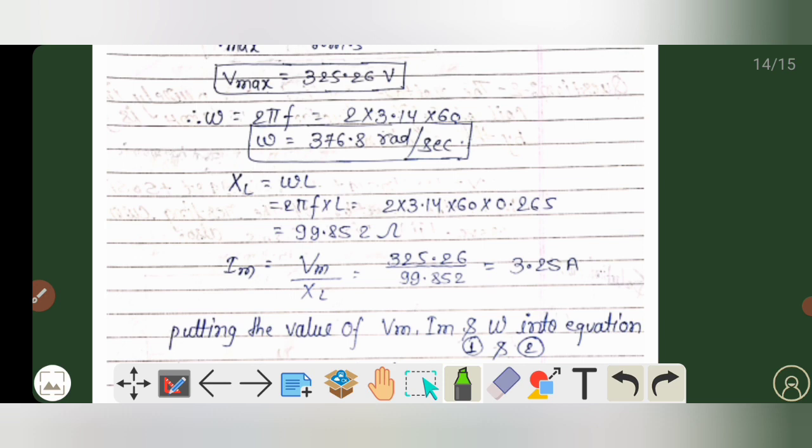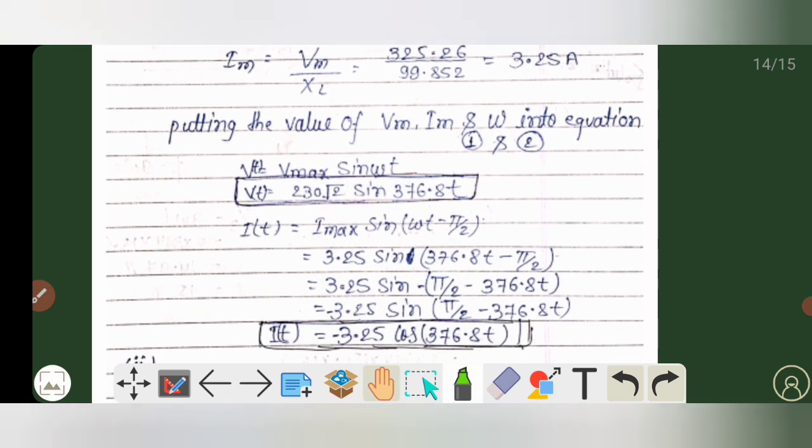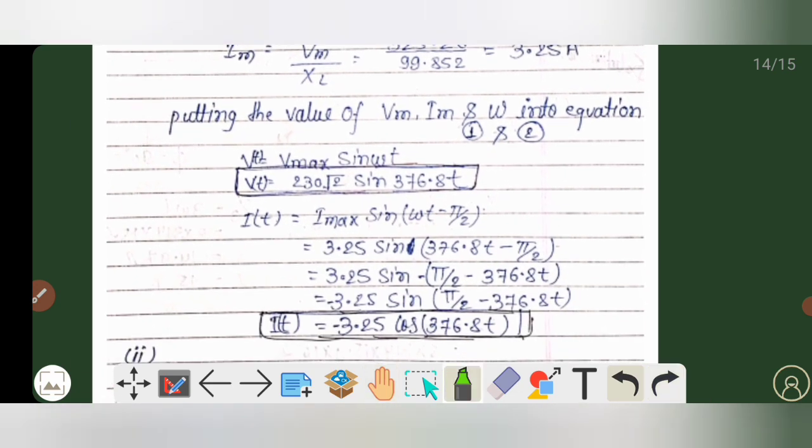Now, as we put all these values in equation 1 and 2, the time equation for voltage comes out to be 230 root 2 sine 376.8 t.